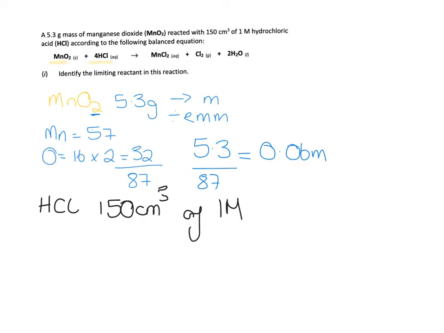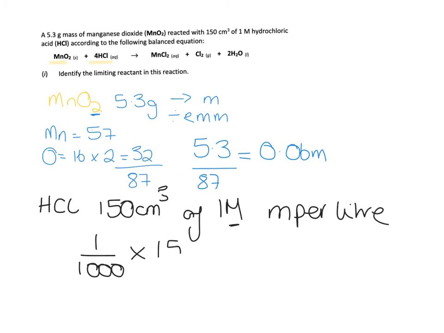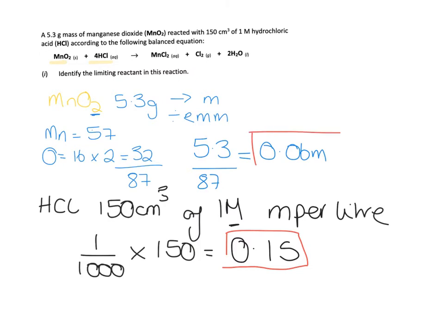To figure that out, I take my 1, I divide it by 1,000, because remember, capital M is equal to moles per litre, and I multiply it by what I want, and in this instance I wanted 150, and I get an answer of 0.15. So these two figures are going to be really important for us moving forward now: 0.06 and 0.15.